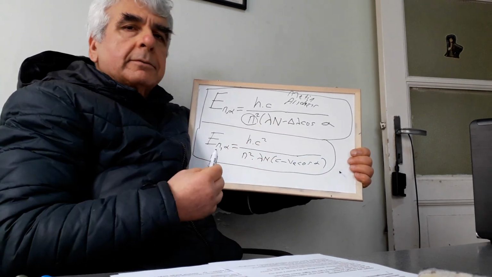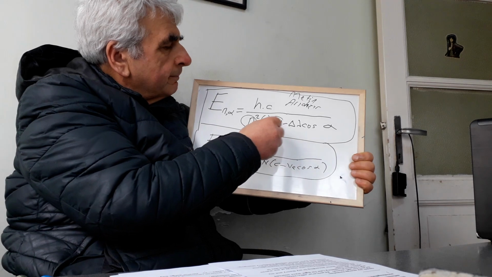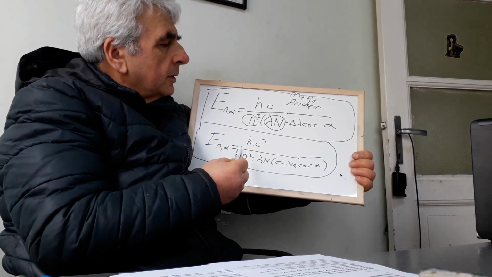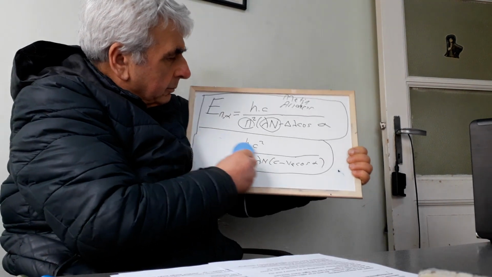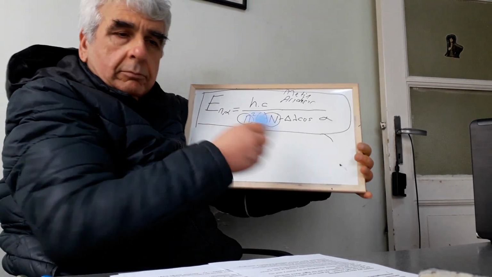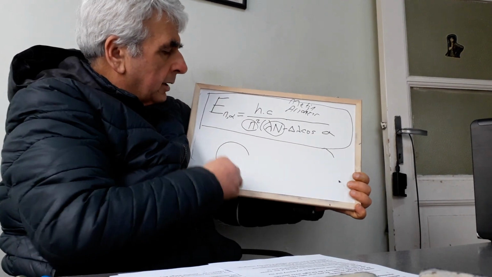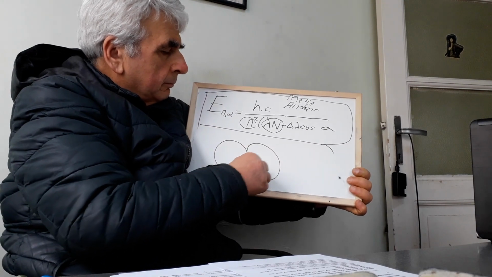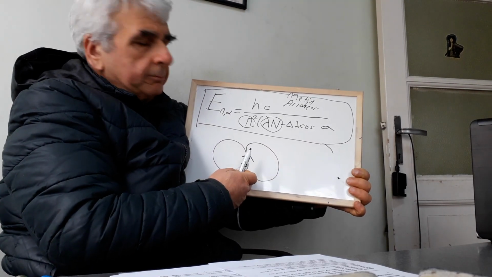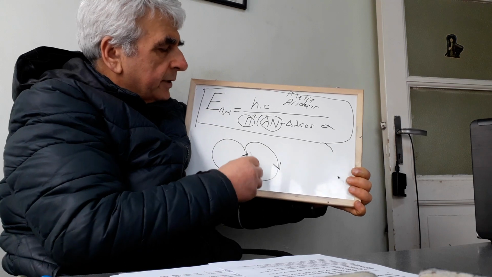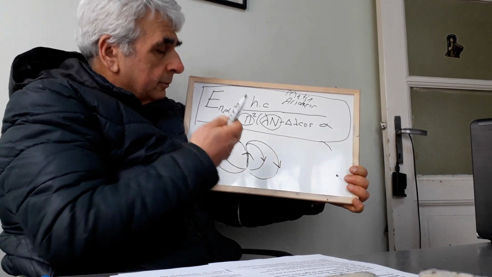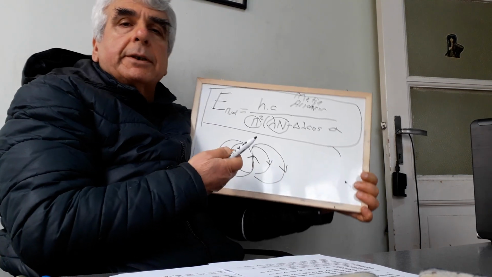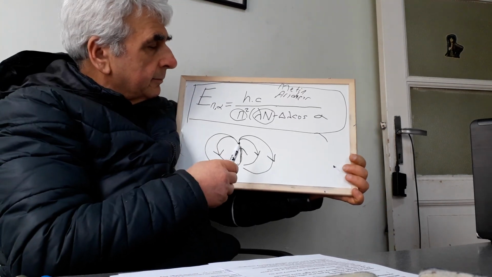Lambda n, wait a moment. Our electron motion form is at first cycle now, and you think of it as a sphere. Okay.